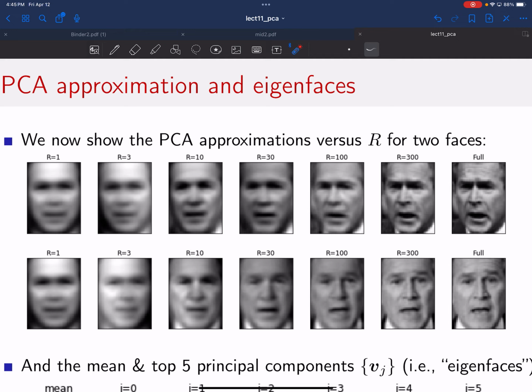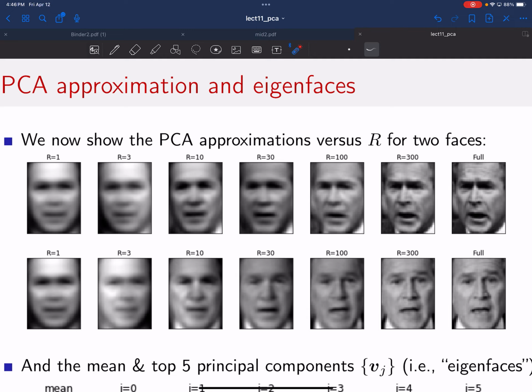If you want to use 3 values, it's a better approximation. If you use 10, it's better, and so on. And 300, we saw the POV is quite high. This is almost perfectly the original. You can maybe see some visual differences, maybe some sharpness, but it's very close.